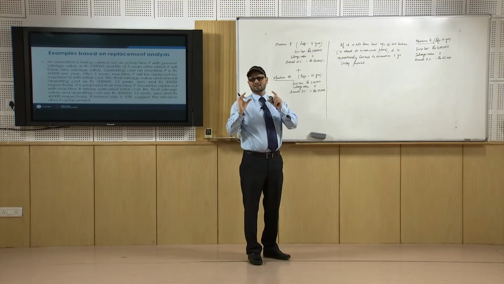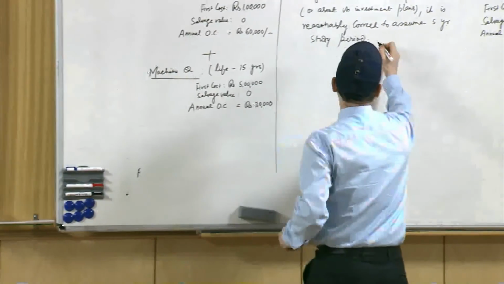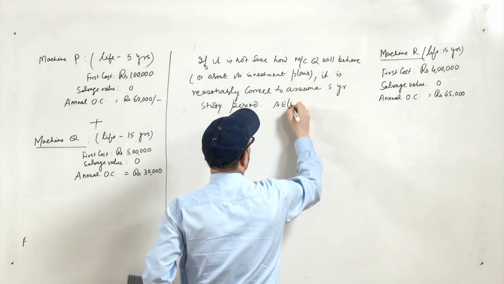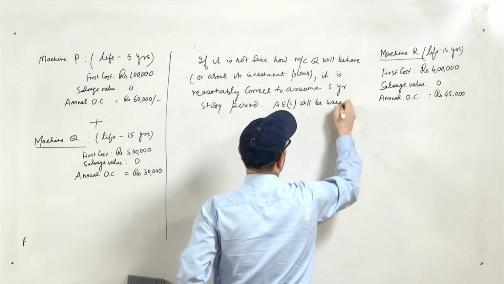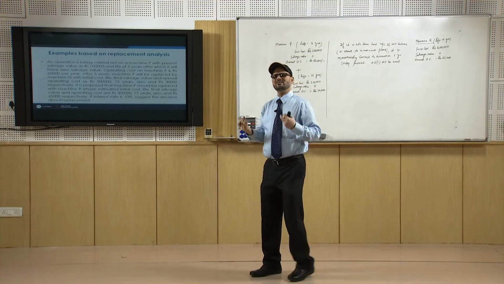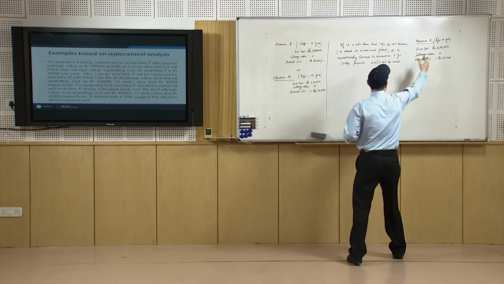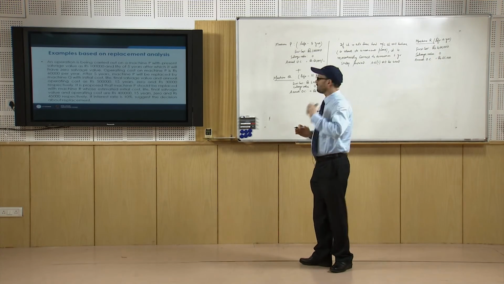So, we will compare on the basis of 5 years, and in that case the annual equivalent basis of comparison will be used. In that case also you can get the implied salvage value of machine R, because its life is 15 years and we are only comparing on the basis of 5 years.